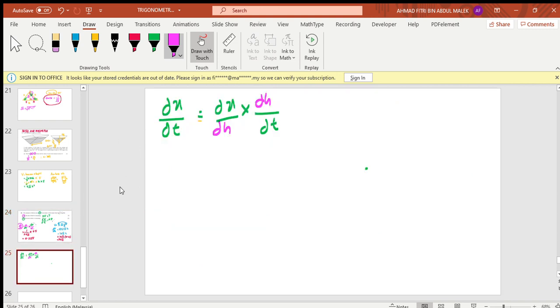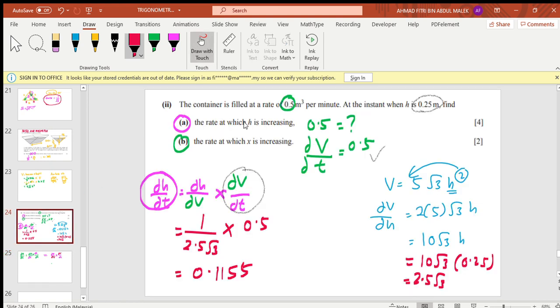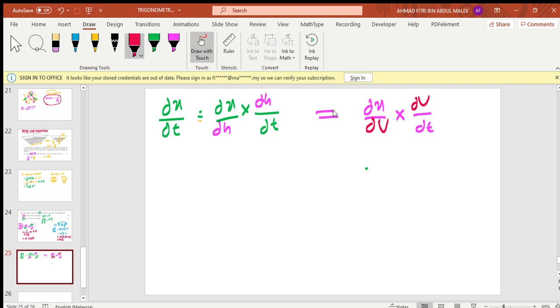Maybe you can use dV over dt or whatever. Can I use dV over dt, teacher? Why do you want to use dV over dt? Because it's already given here. Yes, you may use it, but to me it is much simpler to use dh over dt.